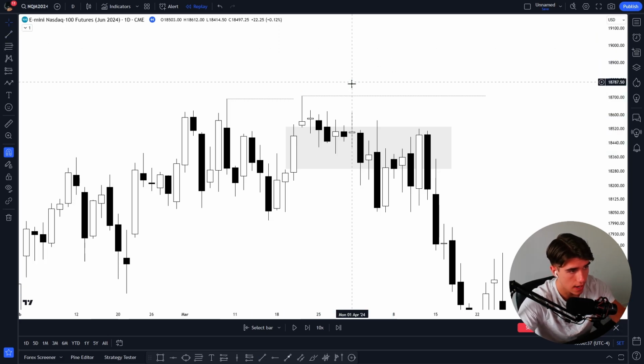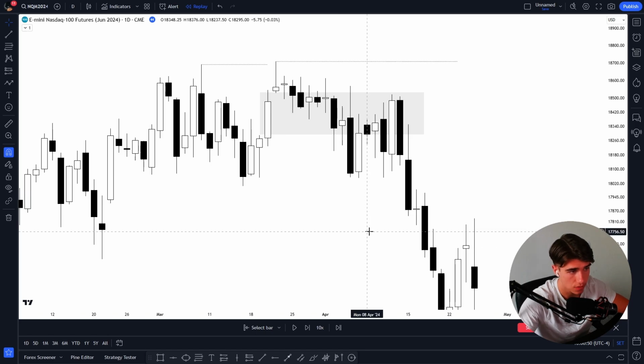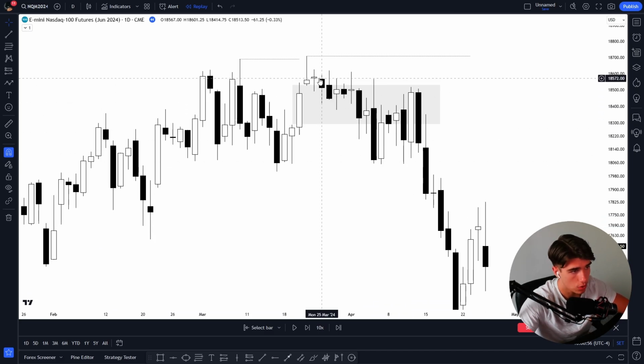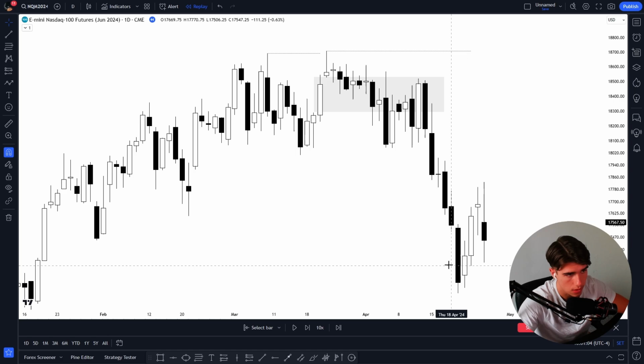Now, when that does not happen, which it obviously didn't here, we are continuously failing to sweep the external liquidity high, so we can anticipate a reversal. Because of that, we can have a general direction or bias of the market for a longer period of time. As you can see, when we started failing to go above the external range liquidity high and digging deeper and deeper into this imbalance, we could now anticipate a reversal, and that's exactly what happened.